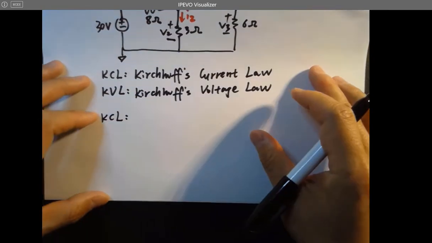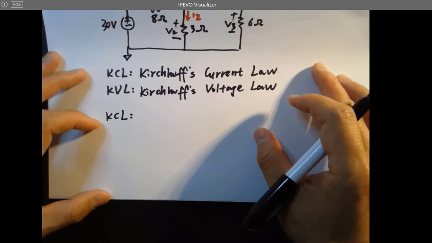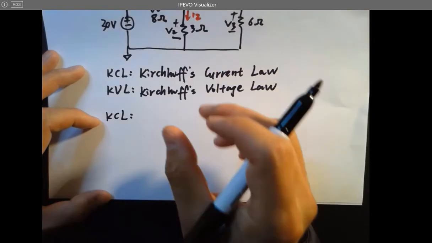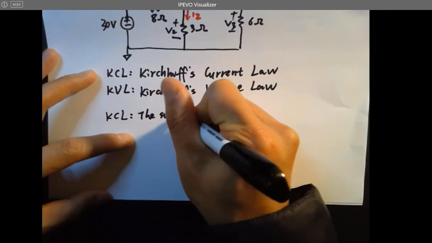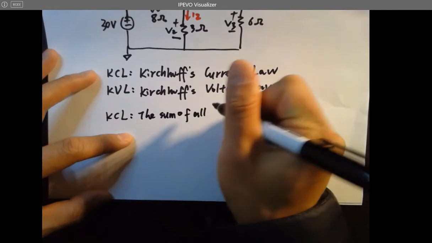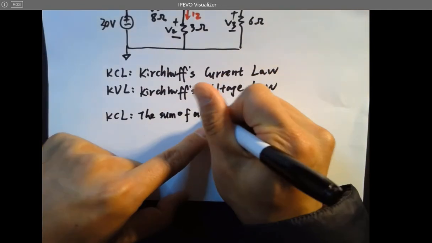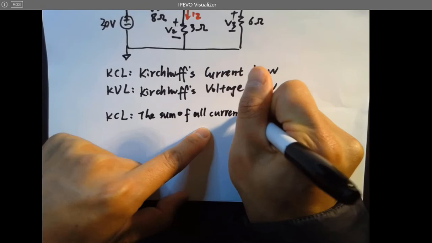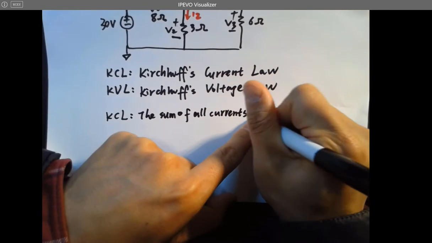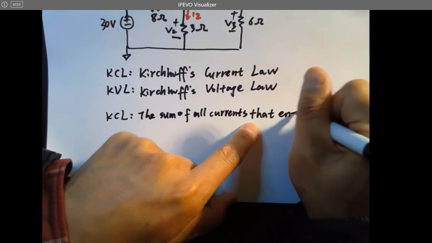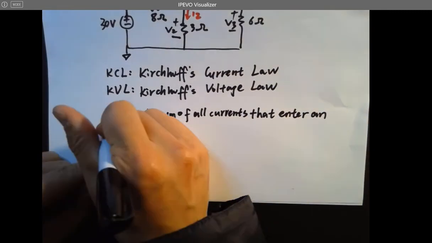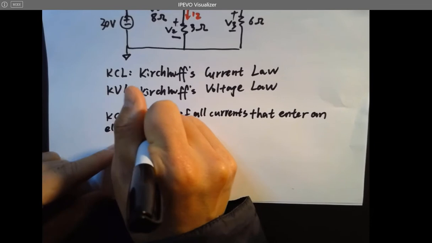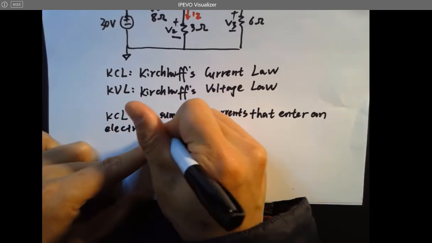KCL is defined as: the sum of all currents that enter an electrical circuit junction is 0.